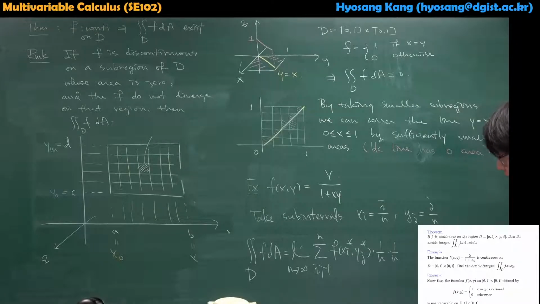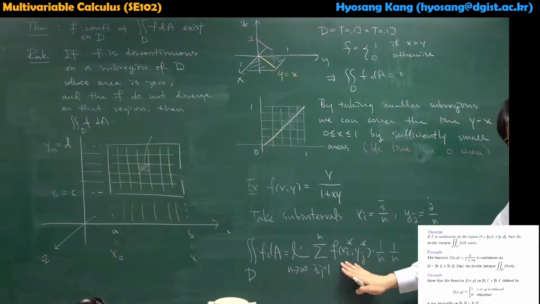I have to take this limit, but one thing is not clear. xi star and yj star can be any number between i minus 1 over n and i over n. I have to pick specific xi star and yj star in order to compute this limit. Otherwise, I cannot do this.